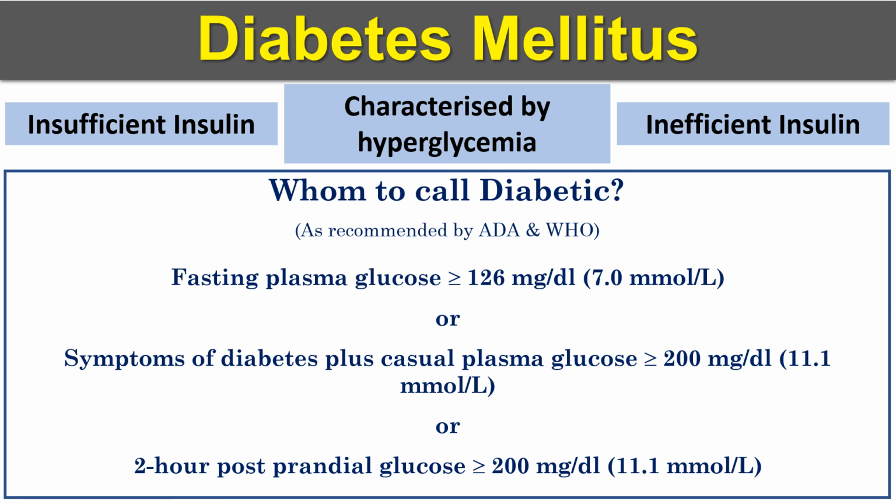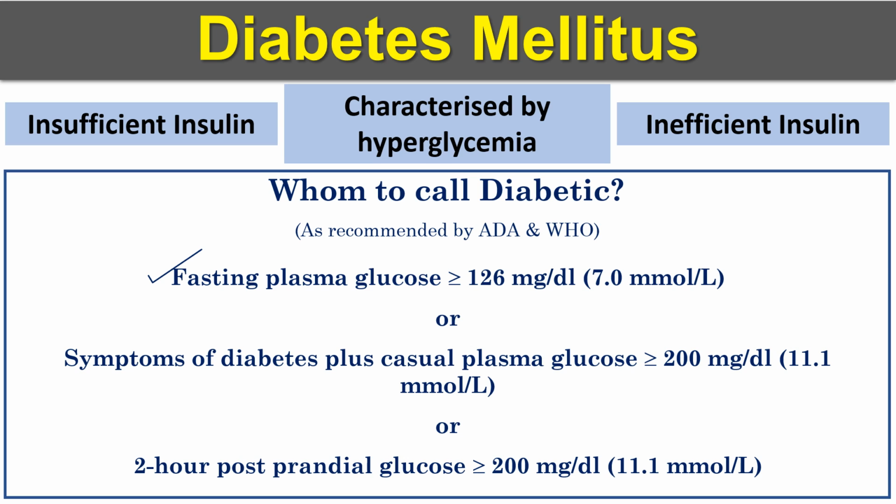There are three criteria given by WHO and the American Diabetic Association by which you can decide when a person will be called diabetic. First, if the fasting glucose level of any person is equal to or more than 126 mg per dl, we can call them diabetic.